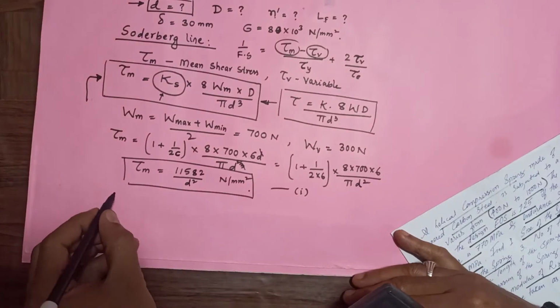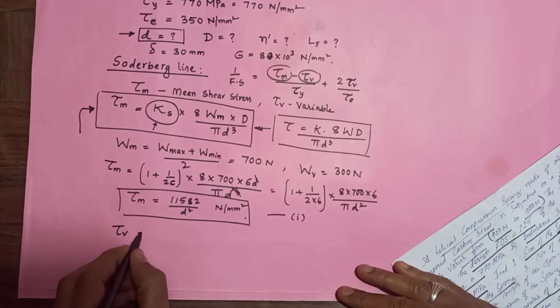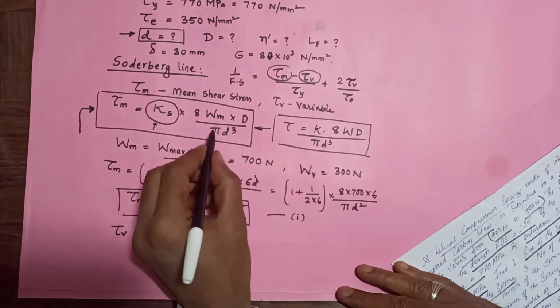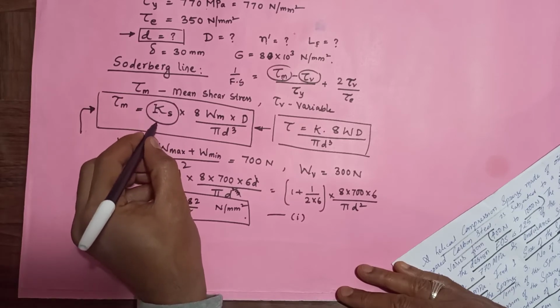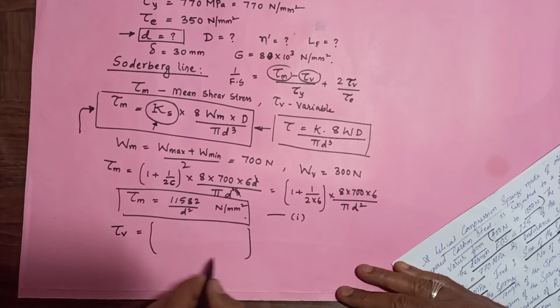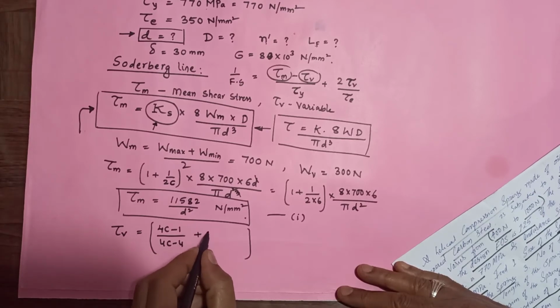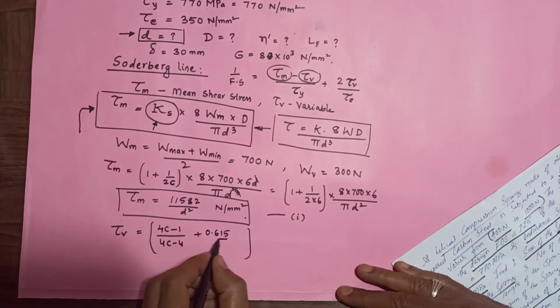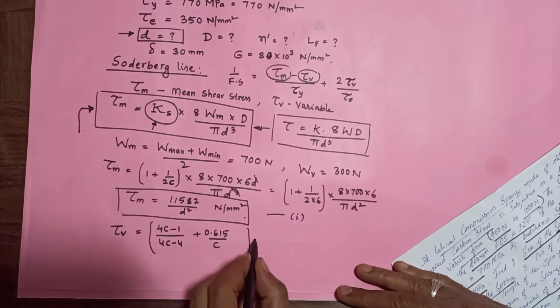Again we'll calculate the variable shear stress, that is tau V. The equation will be the same, but instead of Ks you should use the Wahl shear stress factor, where K is equal to 4C minus 1 by 4C minus 4 plus 0.615 by C. This is the Wahl shear stress factor when you are calculating the variable stress.